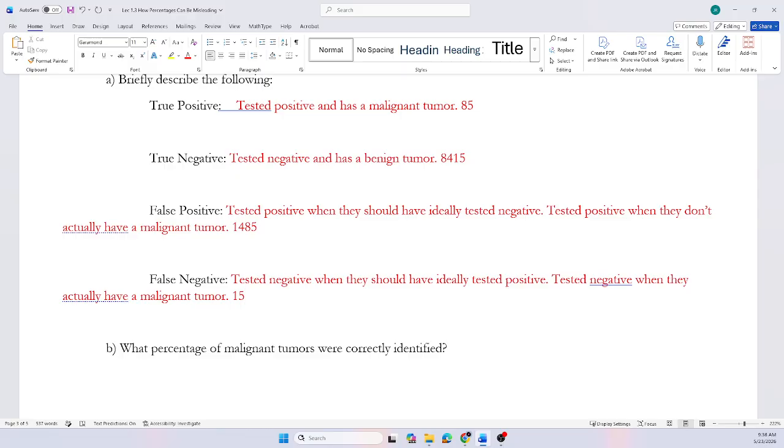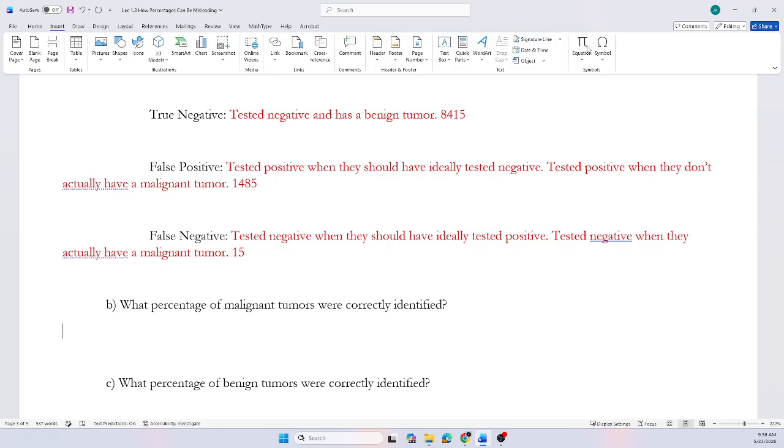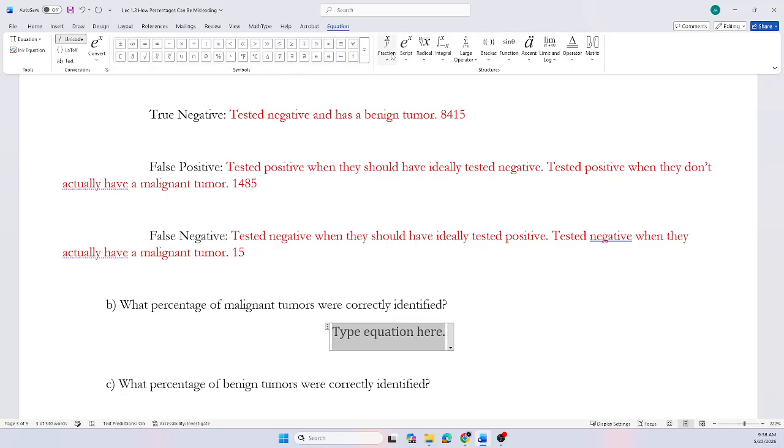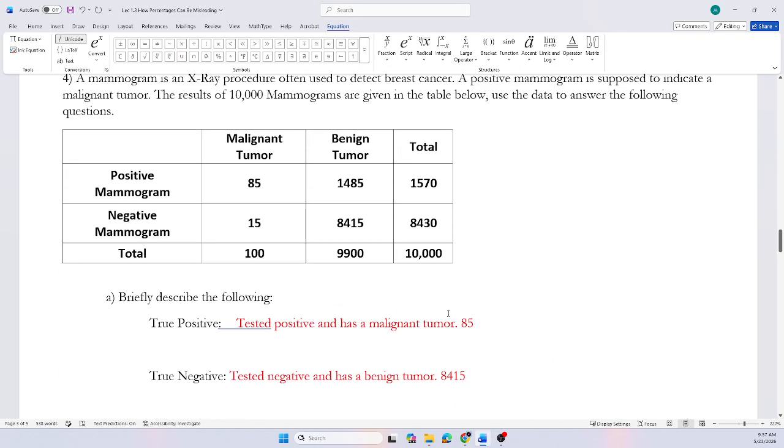All right, so let's go ahead and continue playing with this data a little bit. The next question is, what percentage of malignant tumors were correctly identified? So there are 100 malignant tumors. If you look at the totals, there were 100 malignant tumors and 9,900 benign tumors in this data set.